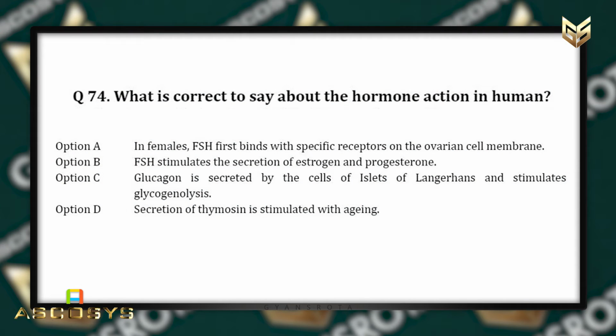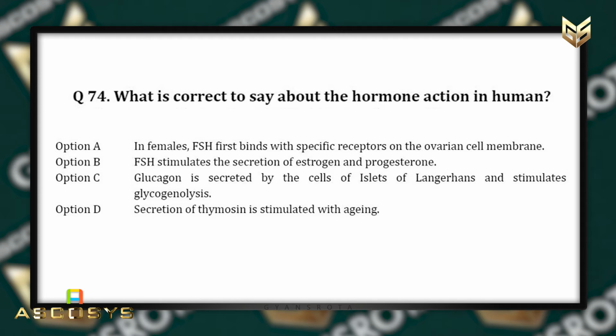What is correct to say about the hormone actions in human? Option number A, in females, FSH first bind with specific receptors on the ovarian cell membrane. Option number B, FSH, that is follicle stimulating hormone, stimulate the secretion of estrogen and progesterone.